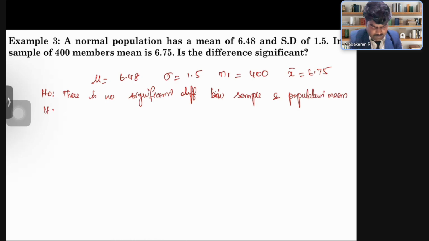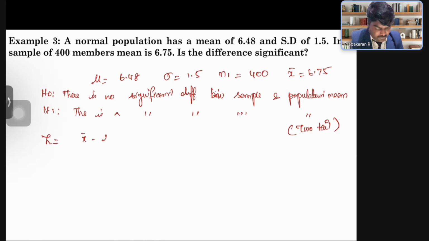In H1 there is a significant difference. It may be lesser or greater, so that there is a significant difference between sample mean and population mean. So obviously it's a two-tail test. So we are going to apply the Z test, that is x bar minus mu by sigma by root n, since in this problem they have given the standard deviation of population.